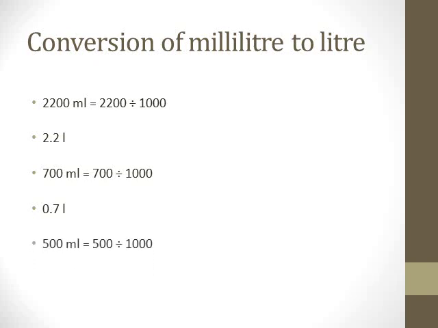When you talk about 500 ml, it is exactly the half, as 1 liter has 1000 milliliters. So when you divide 500 by 1000 and move the point 3 times from right side to left side, it becomes 50.0, then 5.0, and then 0.5.